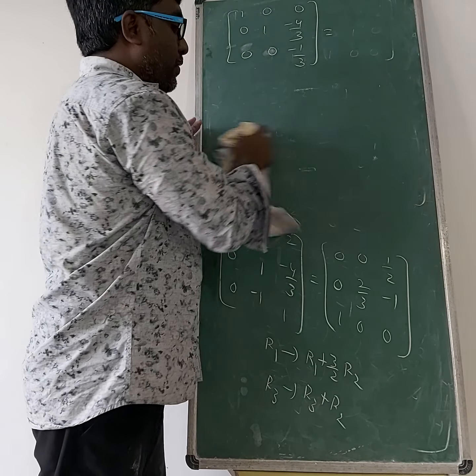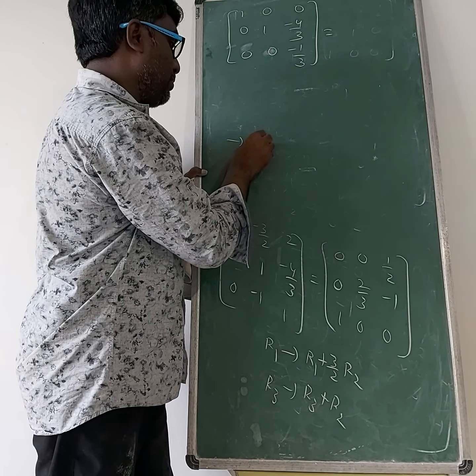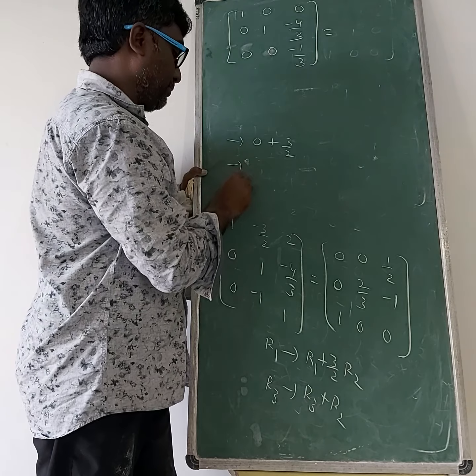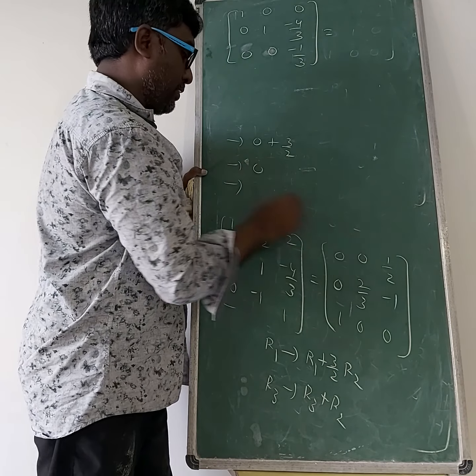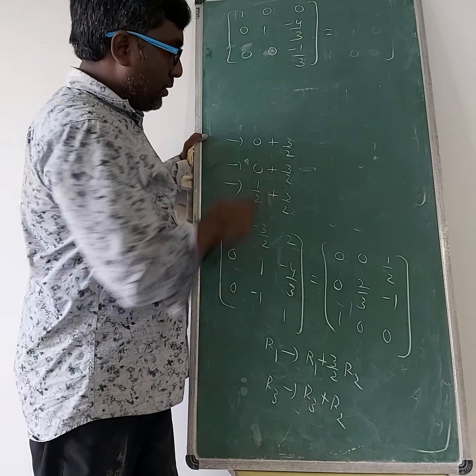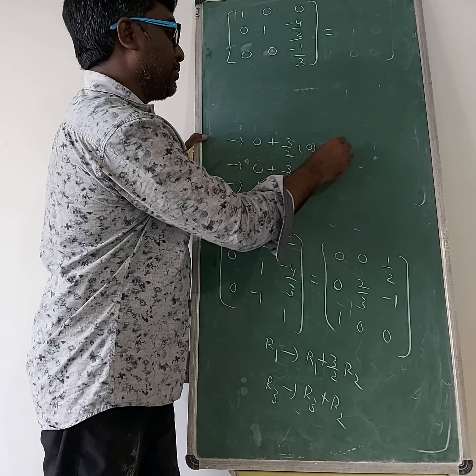Now the same we will apply here also. R1: 0 plus 3 by 2. This is 0, this is 1 by 2. Plus 3 by 2 plus 3 by 2. So the corresponding R2 value will be 0, so this is 0.